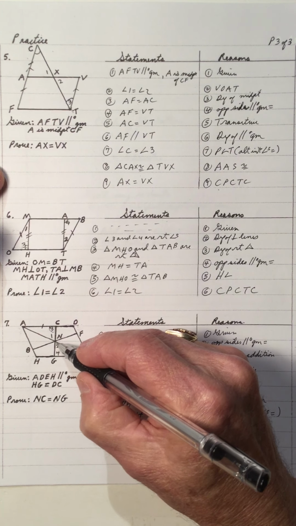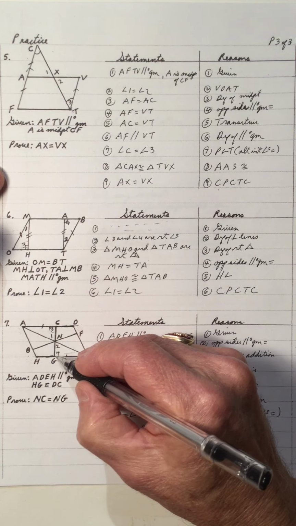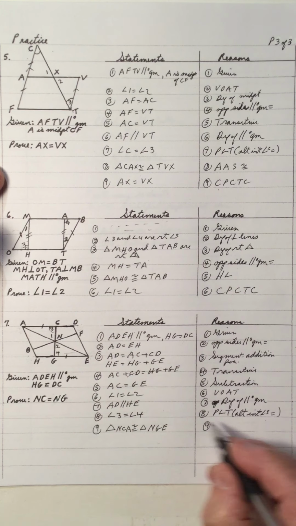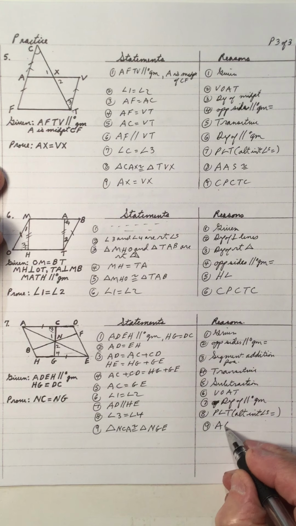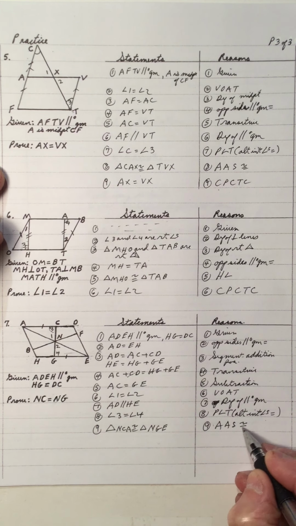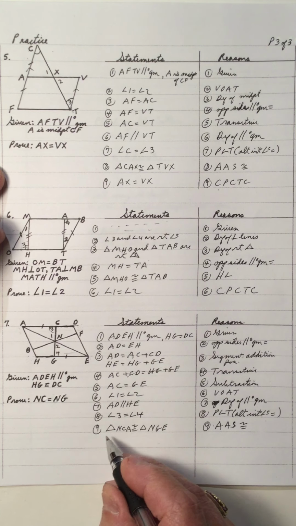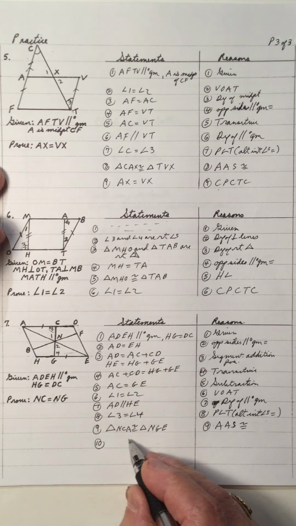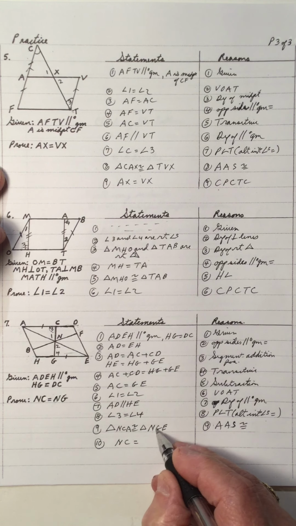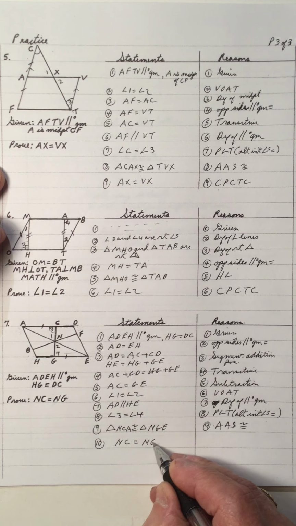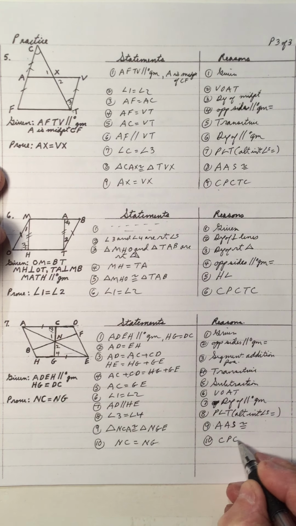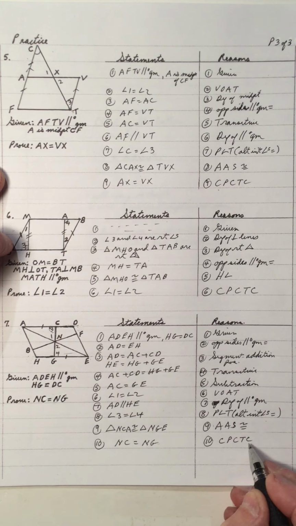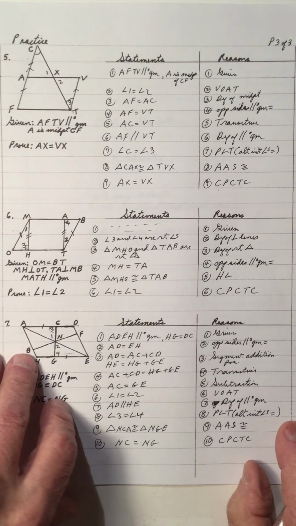Again, N goes with N because 1 goes with 2. C goes with G because 3 is equal to 4. And the reason is an angle, angle, side, AAS, this congruency. And as a result, we have NC equal to NG. CPCTC, corresponding parts of congruent triangles are congruent.